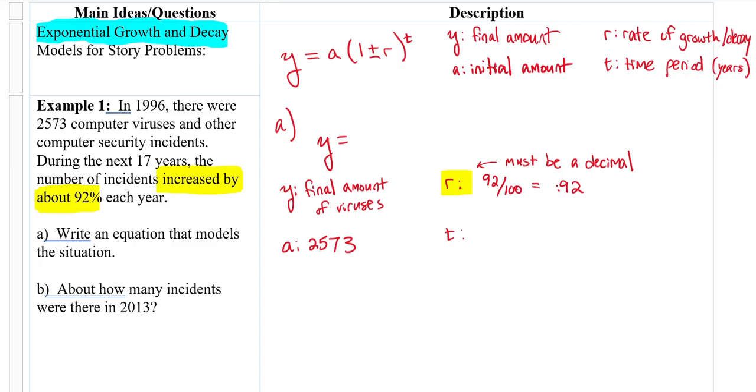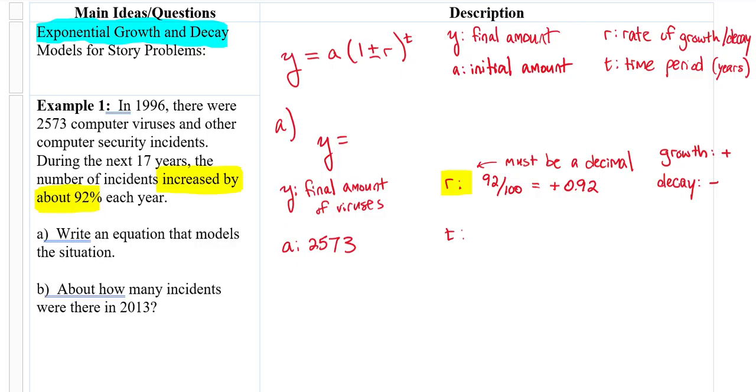Now in this case, since we're increasing by 92%, I'm going to use plus. So let's make a note of that over here. So when we're talking about growth or increasing, we're going to use plus for R. If we're decreasing or decaying, we're going to use minus for R. In this case, we're going to use plus because we're increasing.